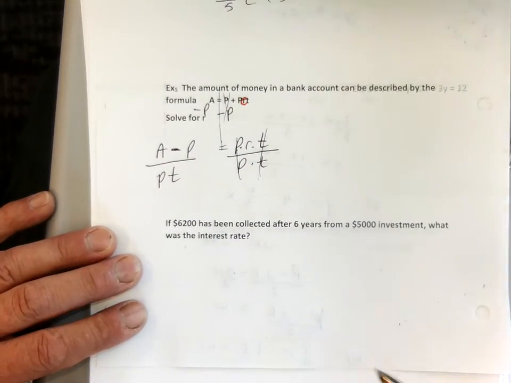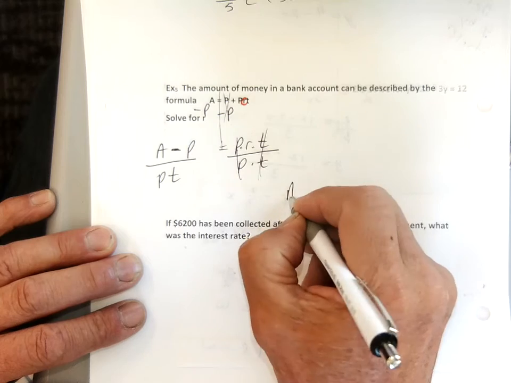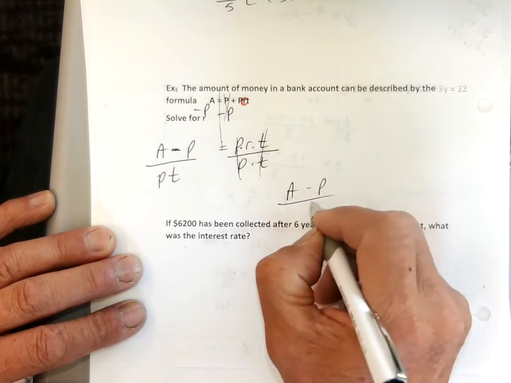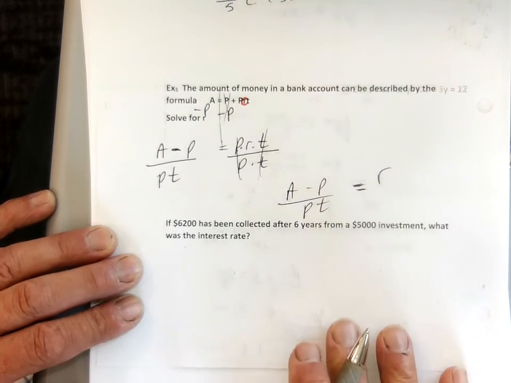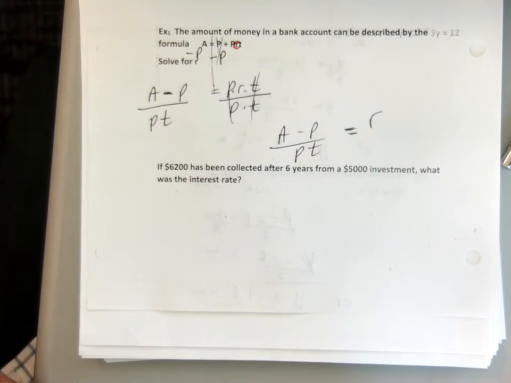So I would have A minus P over PT equals R. How's that? That was harder, wasn't it? Show me thumbs up. Sideways? Any sideways? Okay.